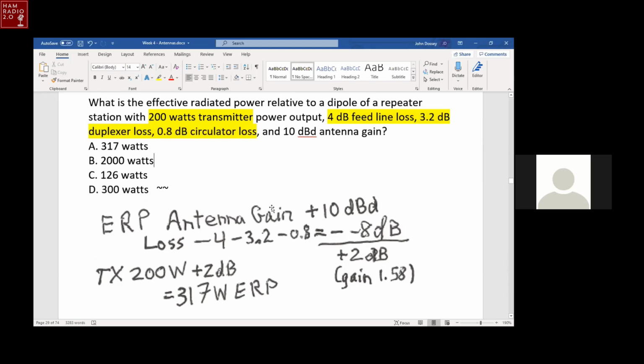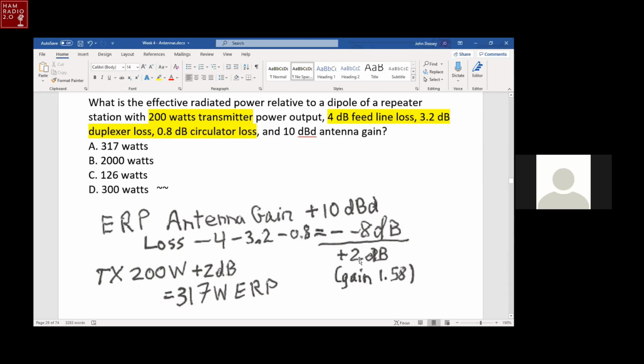So antenna gain starts out at 10 dB. Add up the losses, 4, 3.2, and 0.8. That's a total of 8 dB of loss. So you've given up almost all your antenna gain. You bought this expensive antenna, and then you've got all these losses that subtract from the antenna gain. You end up with a net of plus 2 dB antenna gain.